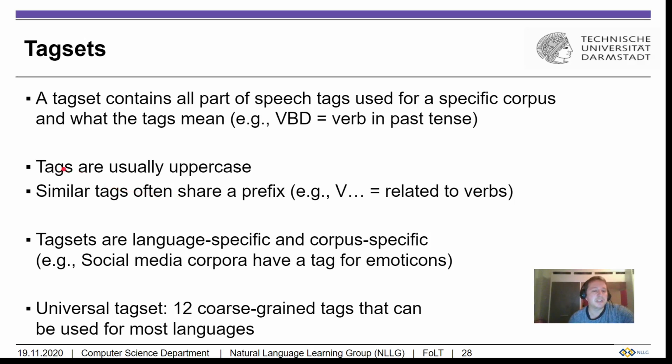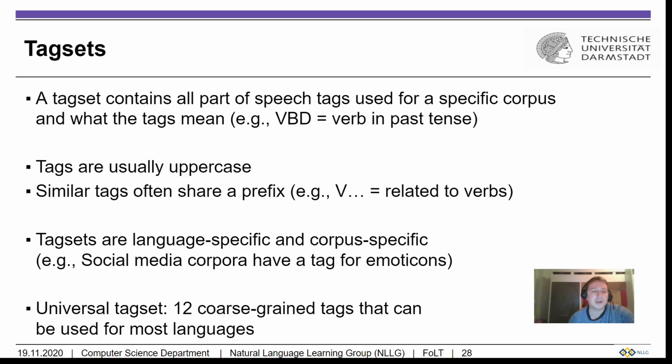In practice, most tag sets that are used in NLP have capital letters, and if two tags are similar, they often start with the same initial letters. Let's say V stands for something that's related to verbs. It is important to note that tag sets are language specific and corpus specific.